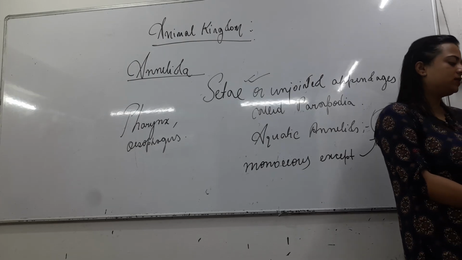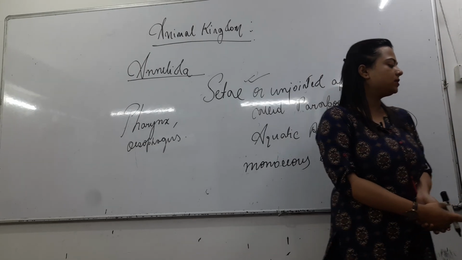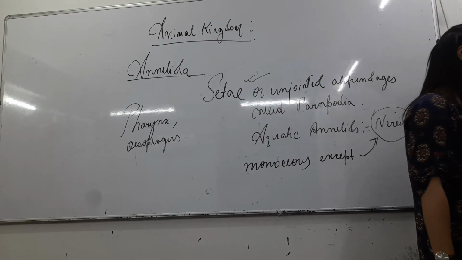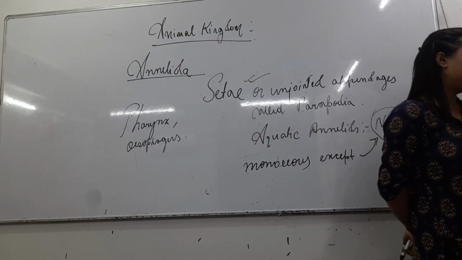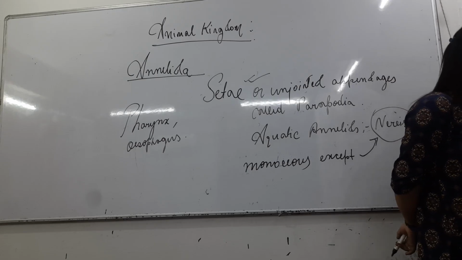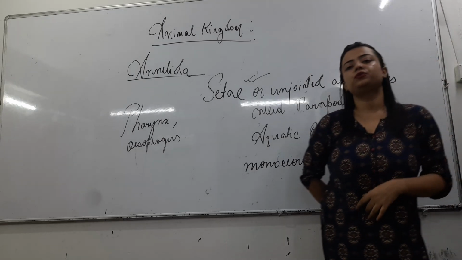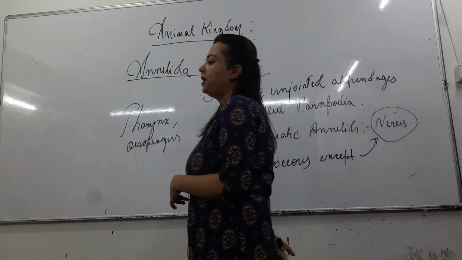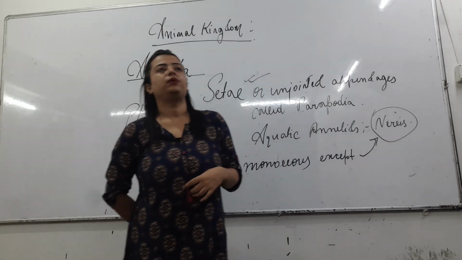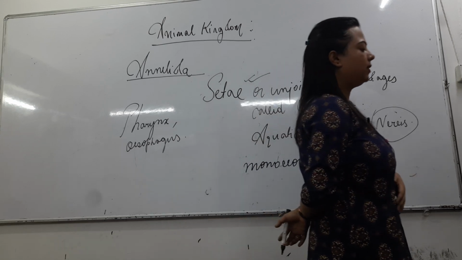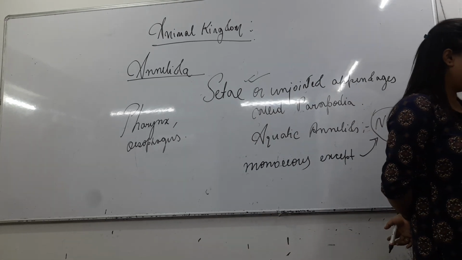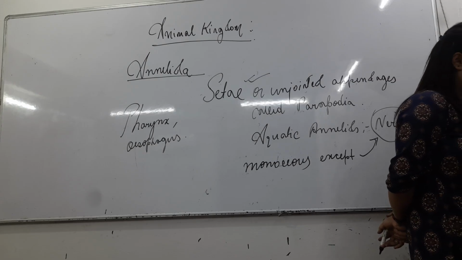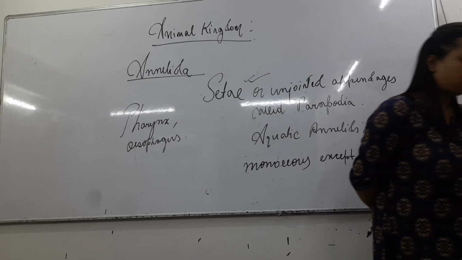Next point. Circulatory system is closed type. Blood flows through closed blood vessels.